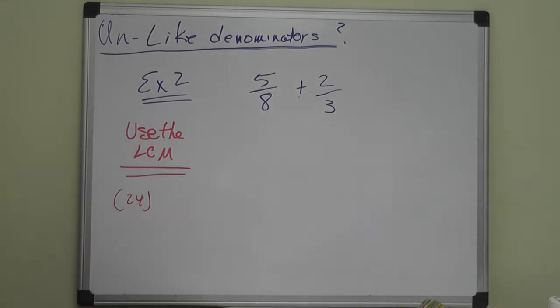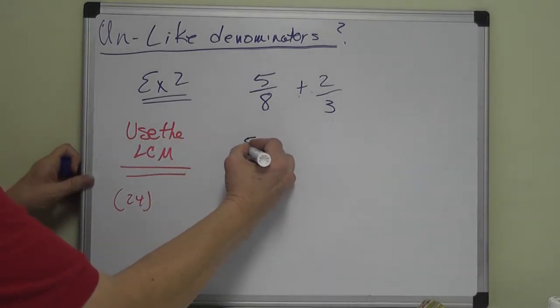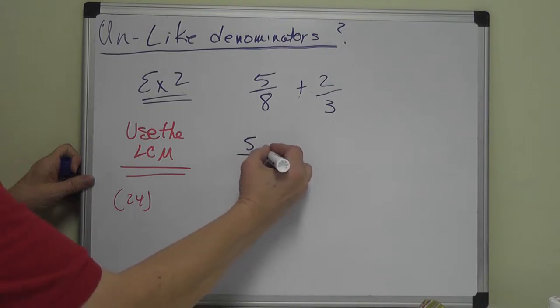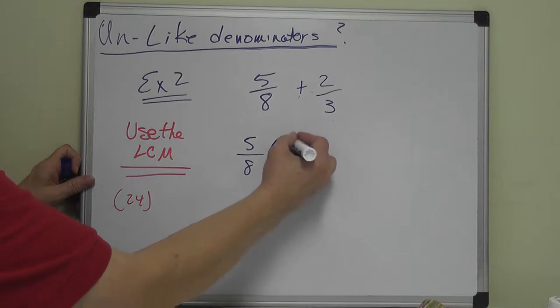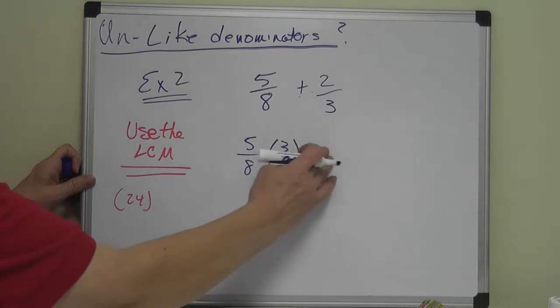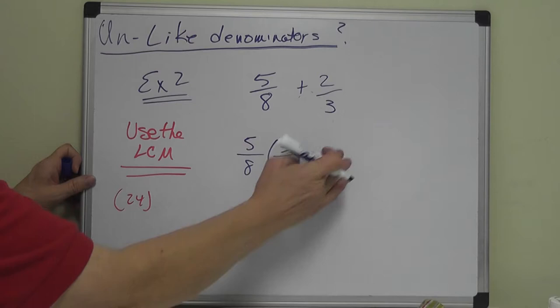So we're going to need to rename 5/8 with a denominator of 24 and 2/3 with a denominator of 24. So we're going to multiply 5/8 by 3/3. We're just multiplying by a form of 1. We're not changing its value, but we are changing its form.